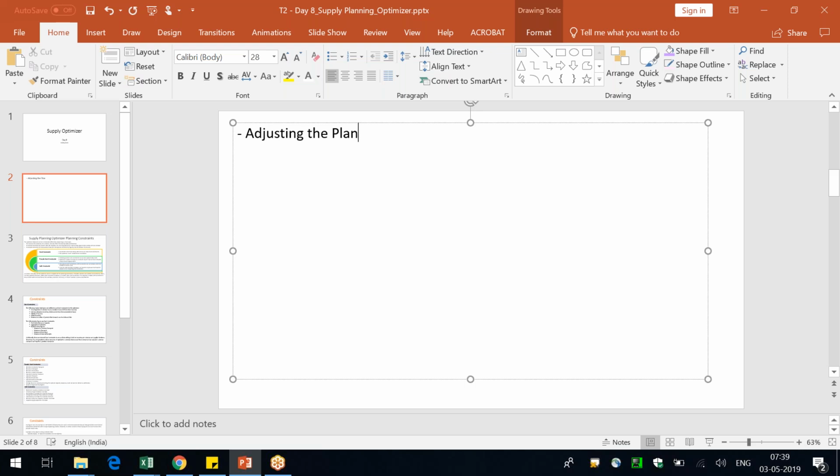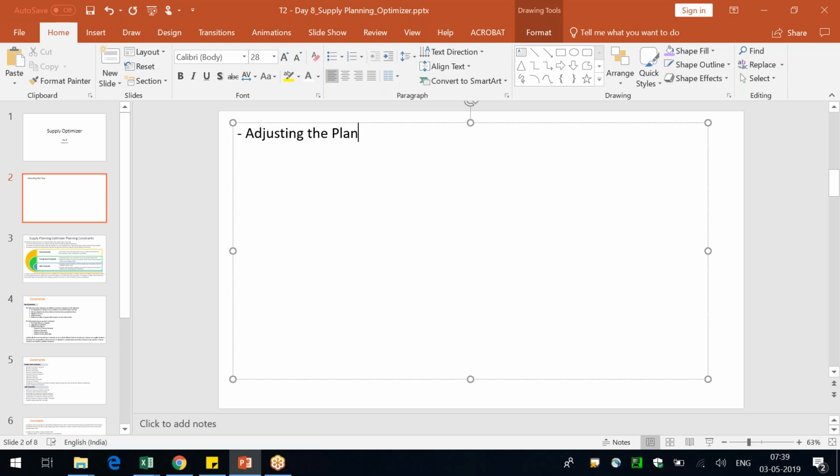So why do we want to adjust the plan? Because we tell the system that there are some quotas that the heuristic or supply propagation has to respect. But sometimes if the planner has more information on any particular node, on any particular data point, he can very well go and adjust the plan.